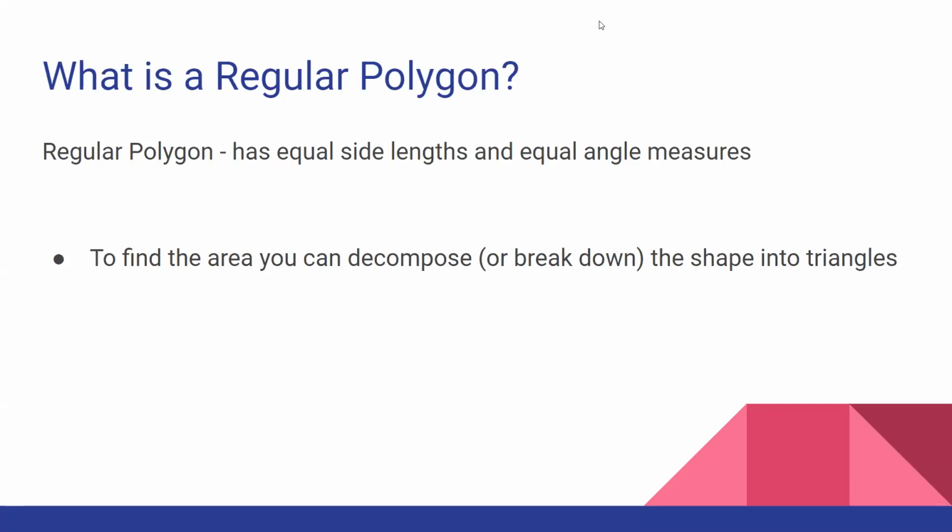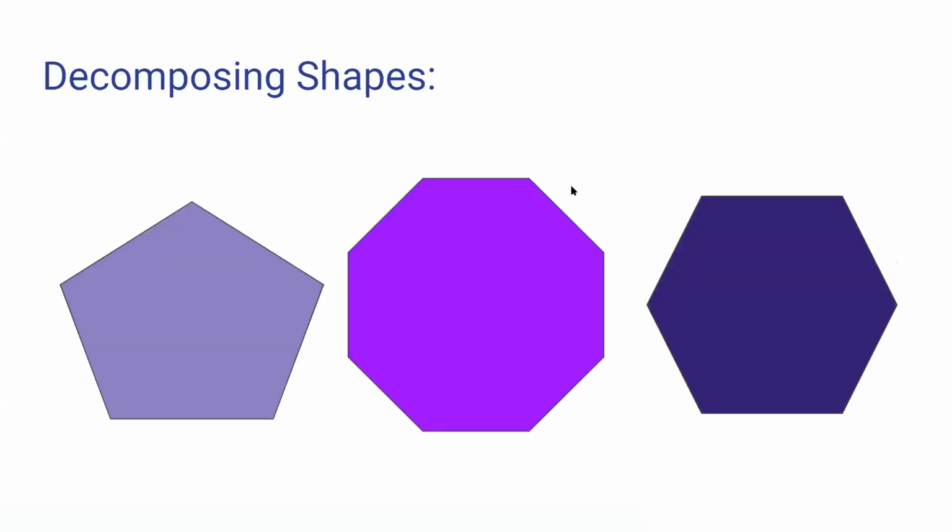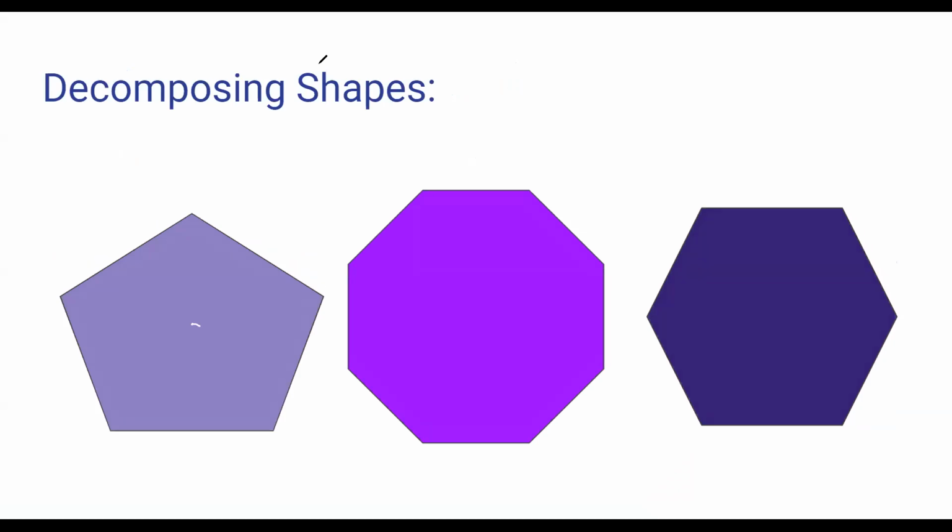So looking at this slide, this is just the shapes, and decomposing them is what we're going to look at. If I am decomposing these shapes, I am drawing triangles in them. I'm going to first make a middle point, and then connect the middle point to the vertices.